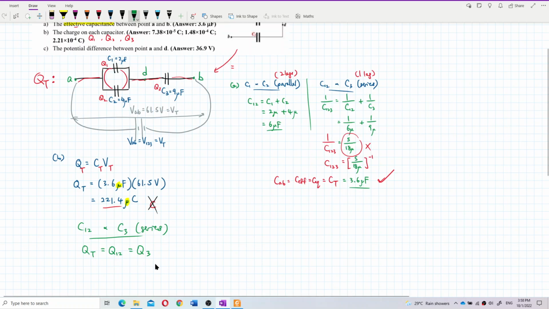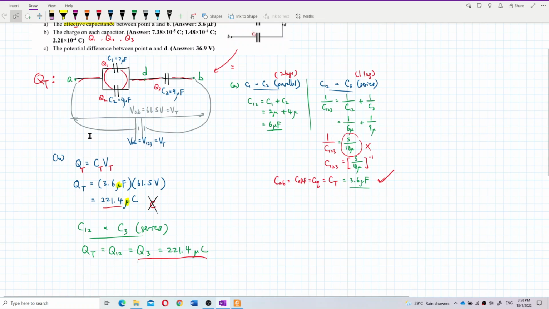Now, just now Q total is 221.4 microcoulomb. I already got the value, so I already got the first answer, Q3. Q3 is 221.4 microcoulomb. So I got my first answer over here. Is that correct?